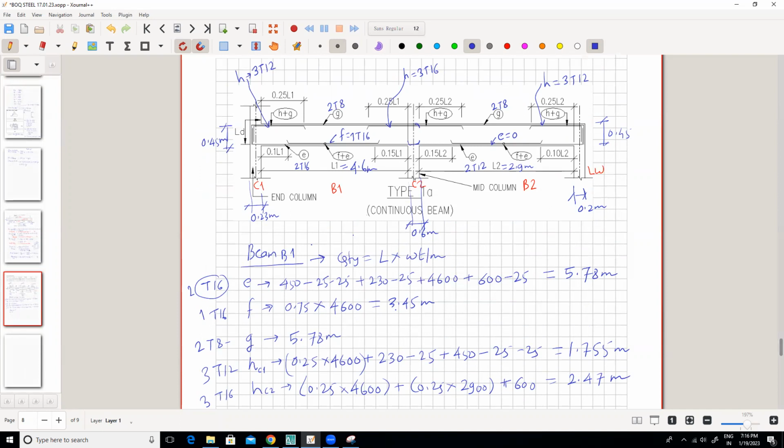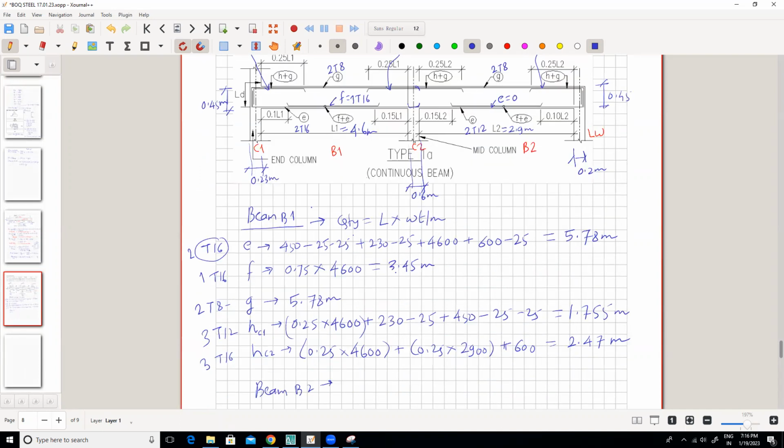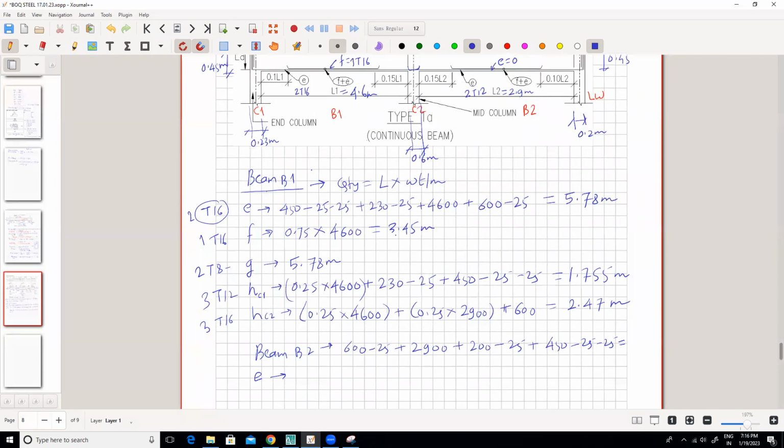So what will it be? 600 minus 25 plus 2900 plus 200 minus 25 plus 450 minus 25 minus 25. Sorry, this is the E bar. So E bar for beam B2.